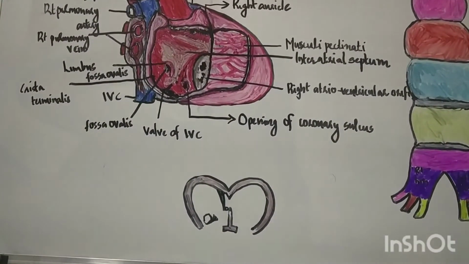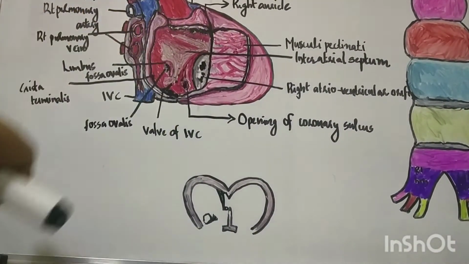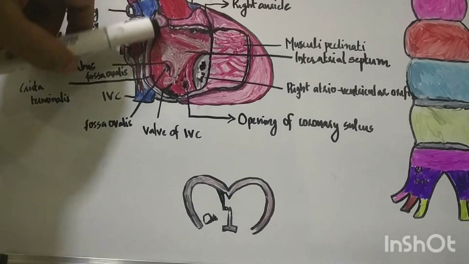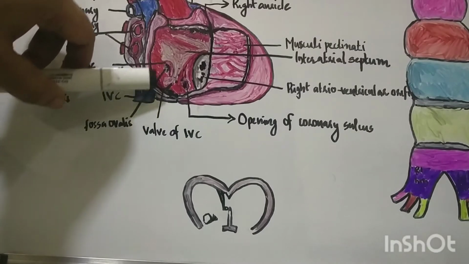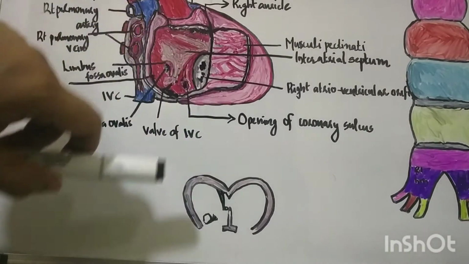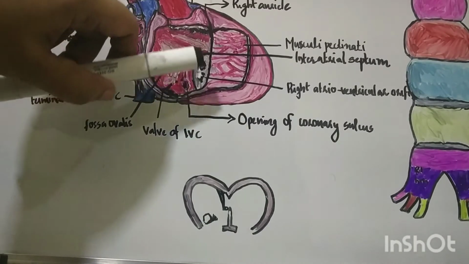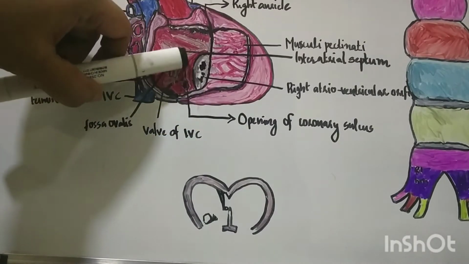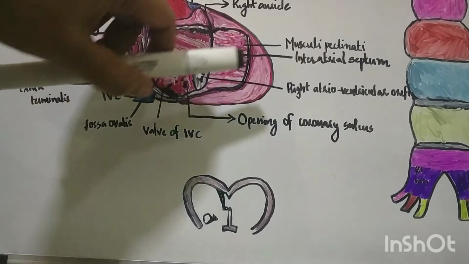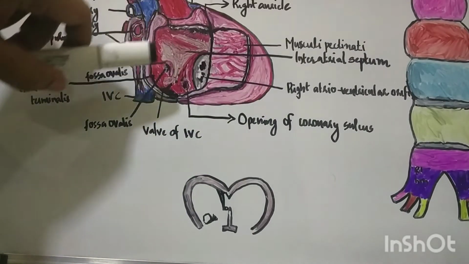Now we will discuss the inlets or the tributaries of the right atrium. The superior vena cava opens on the upper part, the inferior vena cava opens on the lower part, and here you can see the coronary sinus, which receives most of the cardiac veins except the venae cordis minimae. These are the small foramina of the venae cordis minimae, veins that are present in all the chambers of the heart.